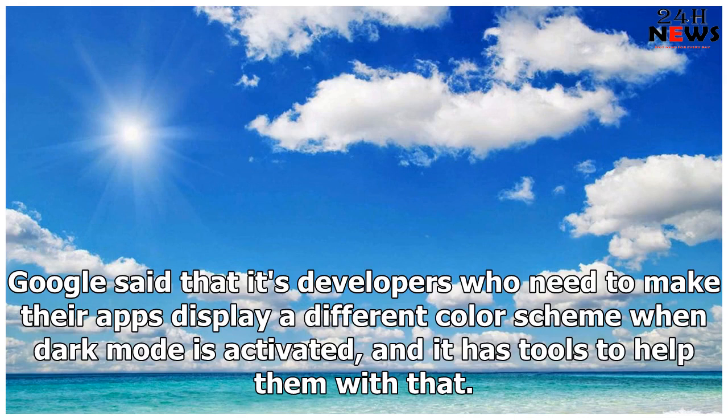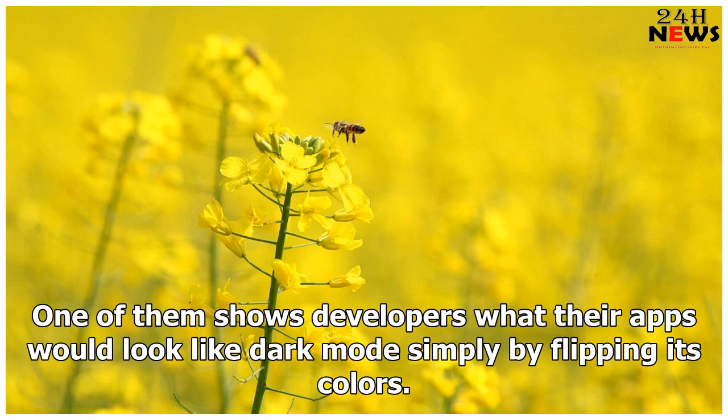Google said that its developers who need to make their apps display a different color scheme when dark mode is activated, and it has tools to help them with that. One of them shows developers what their apps would look like in dark mode simply by flipping its colors.